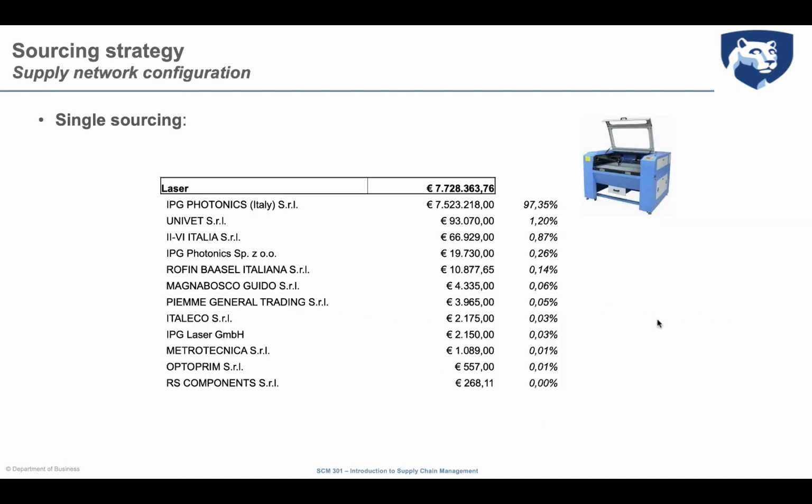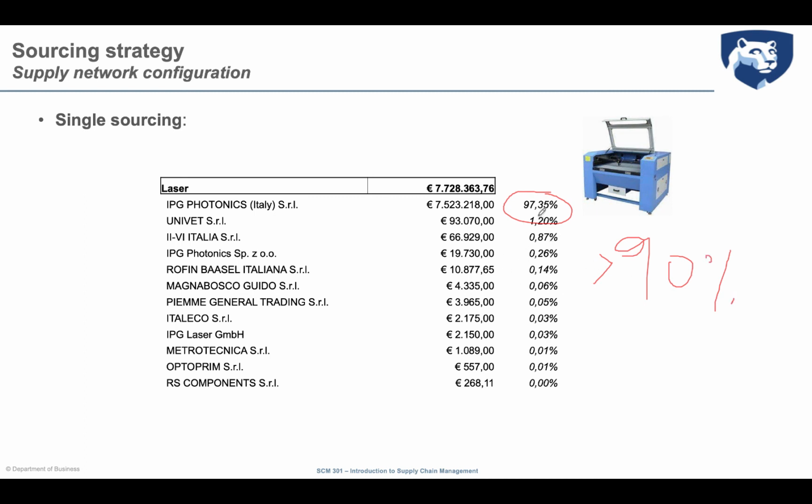As I told you, and as we discussed here, don't expect data to exactly reflect the single definitions of one supplier. Usually, we can define a single sourcing when a supplier has higher than 90% of the spending. Higher than 90%, this is a single sourcing.